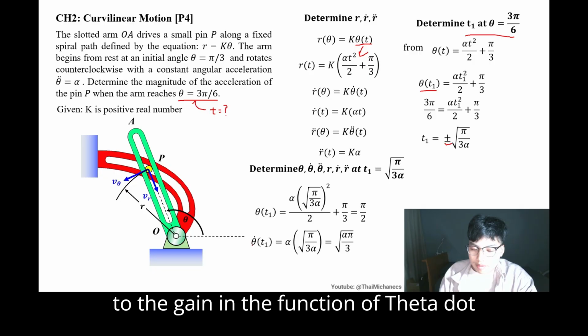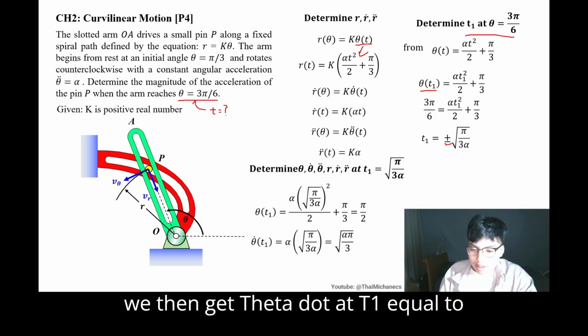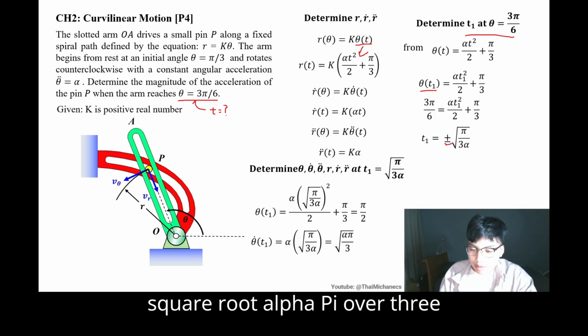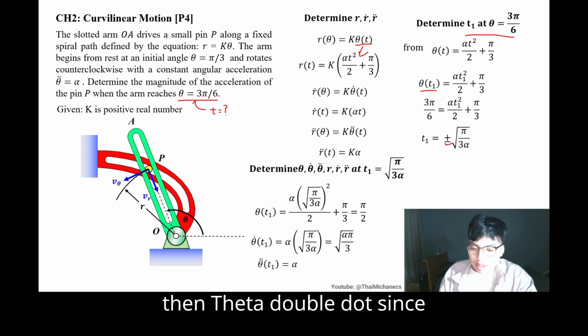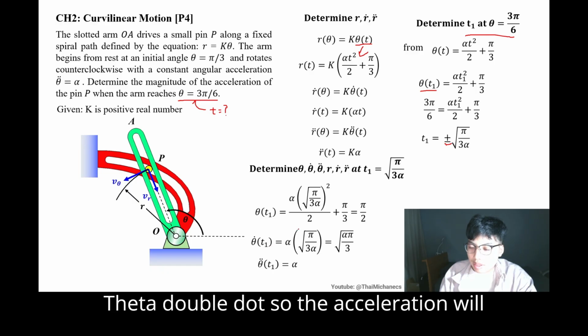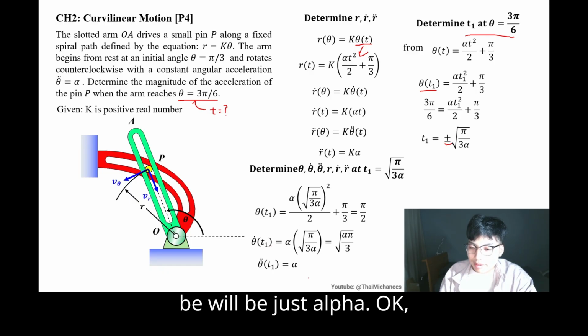Substituting again in the function of theta dot, we get theta dot at t1 equal to the square root of alpha pi over 3. Then theta double dot: since there's no t in theta double dot, the acceleration will just be alpha.